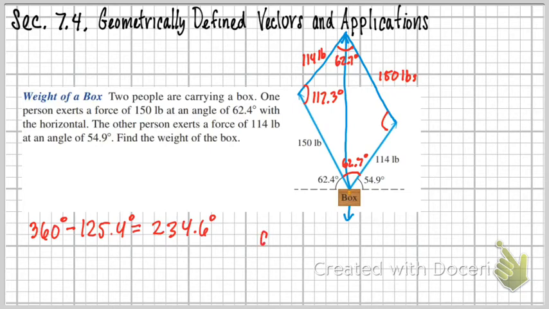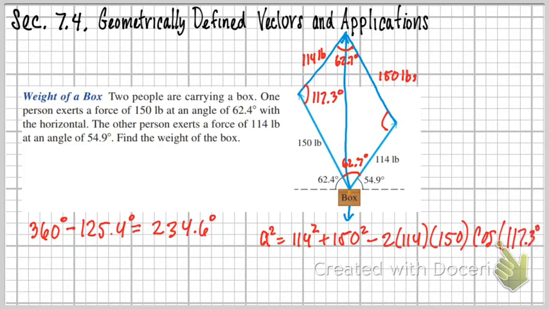So then I'm going to get, I'll call it a squared equals 114 squared plus 150 squared minus 2 times 114 times 150 times cosine of 117.3 degrees. And then my a squared is going to equal 51218.8147 blah blah blah.